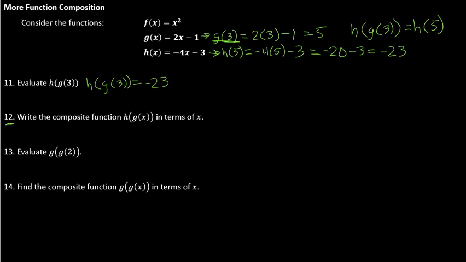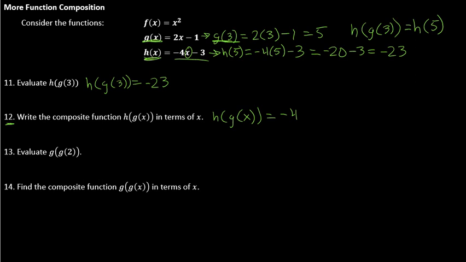So that's what we're being asked to do on number 12. So h of g of x. Okay, so h of x is negative 4x minus 3, so negative 4, for every instance of x, I'm going to plug in g of x.